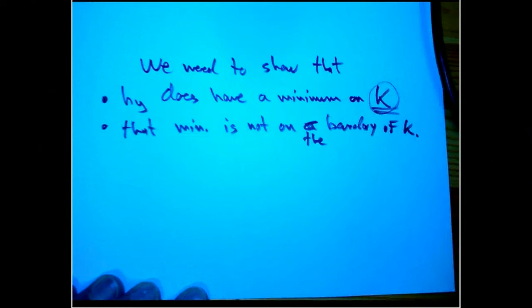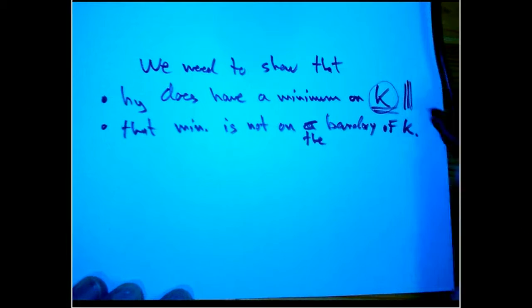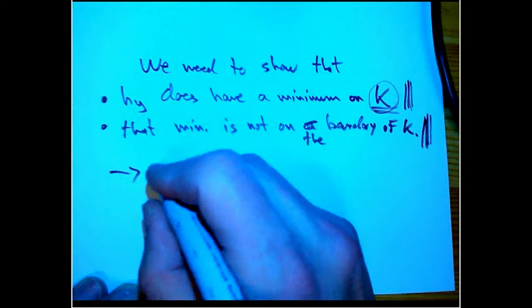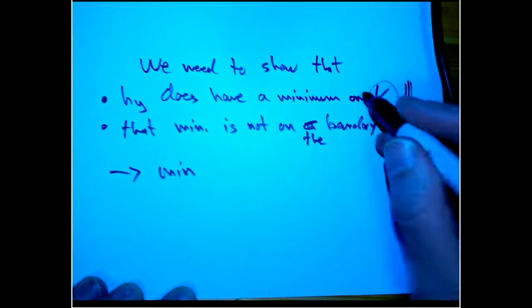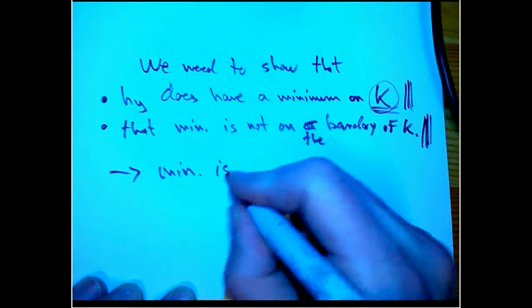And K is often a letter for compact because it's German for compact. So this is just generalities about having minima. This will be some careful geometry. And then, given that, the minimum, which we're going to show does have to exist, if it's not on the boundary, is a critical point.